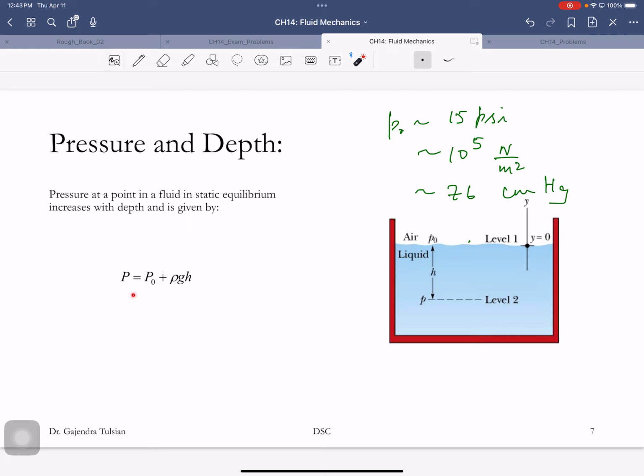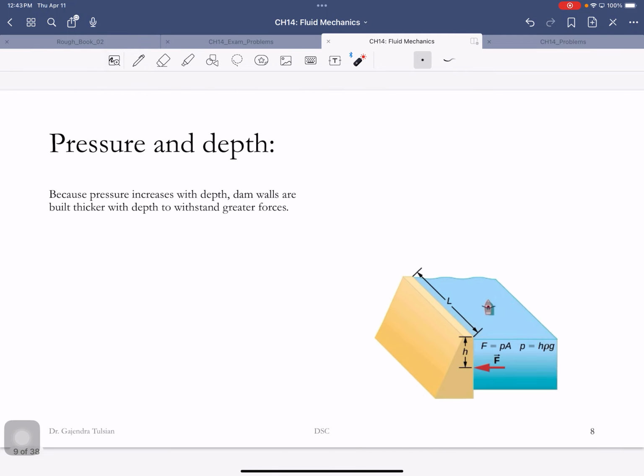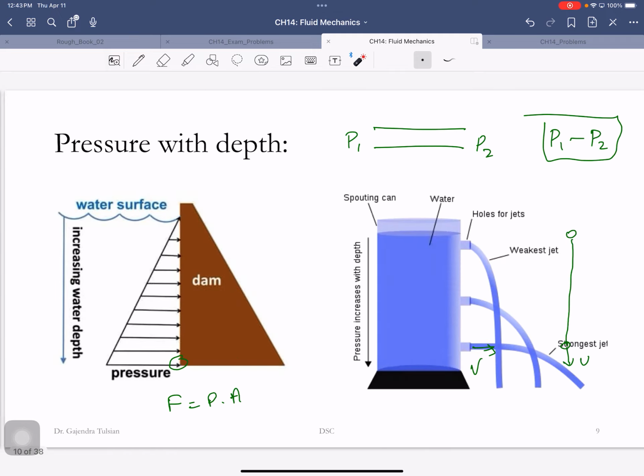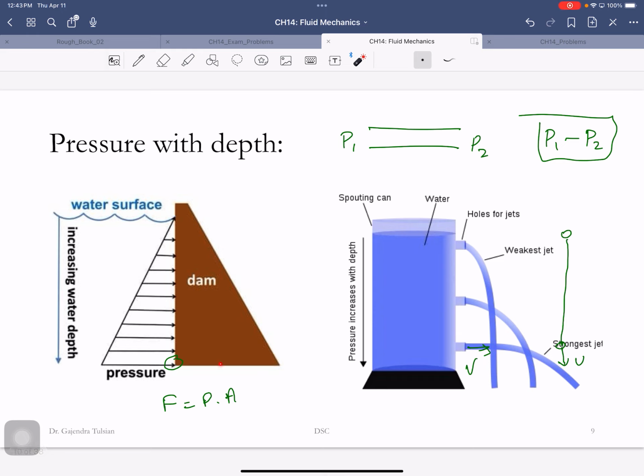So this gives you the pressure inside a liquid. You saw that as the pressure increases, the force on the wall increases, and that's why dams have to have thicker walls as you go deeper. Since the force is increasing, you have to counterbalance that with a thicker wall.